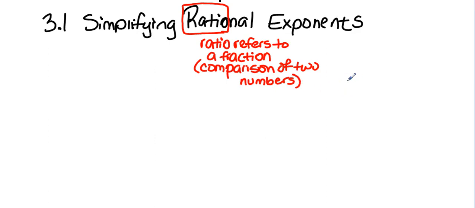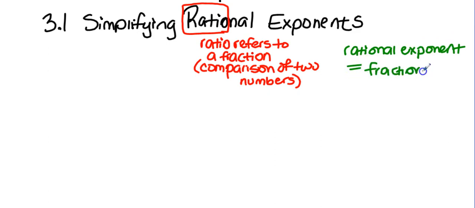So the rest of this week, all of our expressions are going to have fractions in their exponents. That's what a rational exponent means. A rational exponent is the same thing as a fraction exponent.